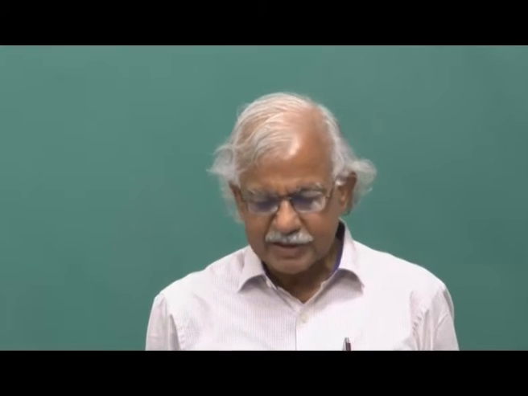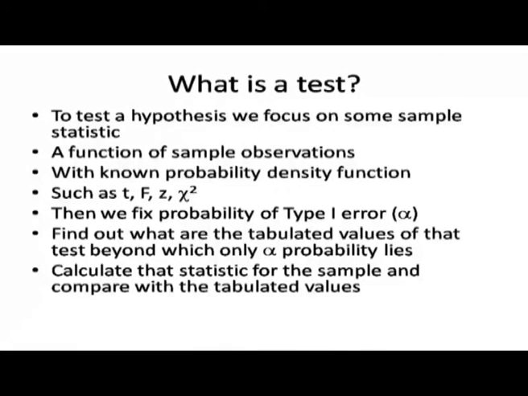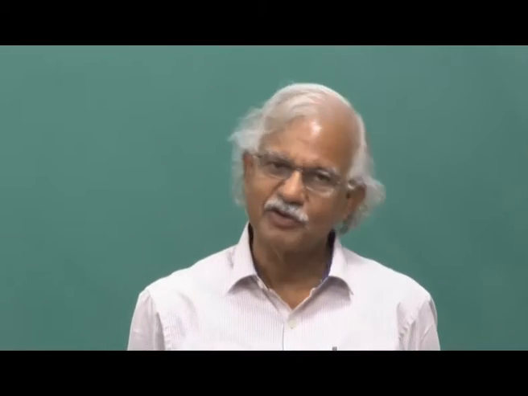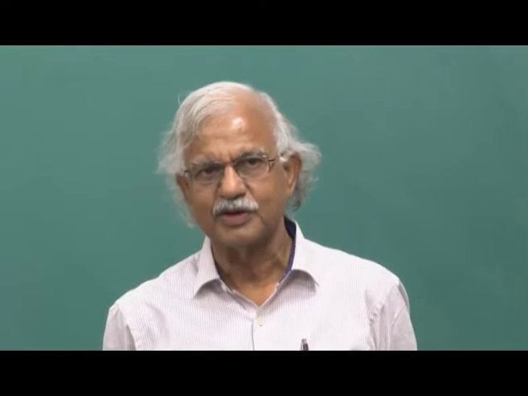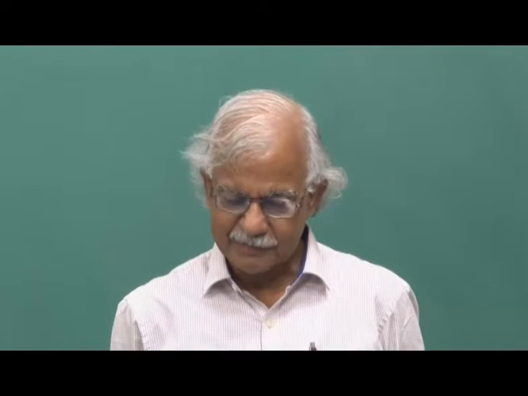Then find out what are the tabulated values of that test beyond which this much area, 0.05 or 0.01 or 0.001, lies. Calculate the test statistic for the sample and compare your test statistic with the tabulated values of T for 0.05 or 0.01 or 0.001.